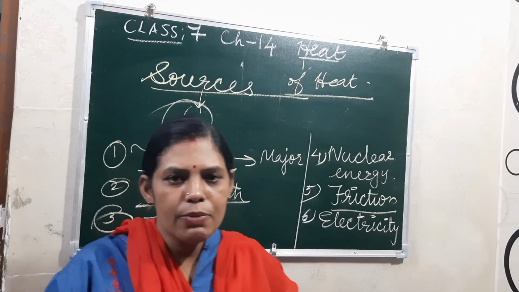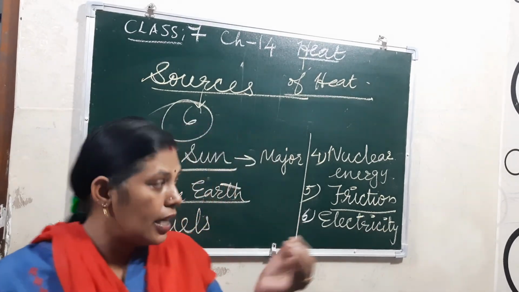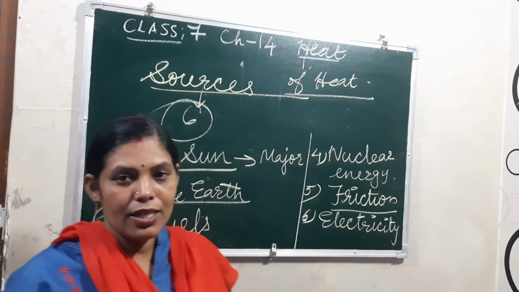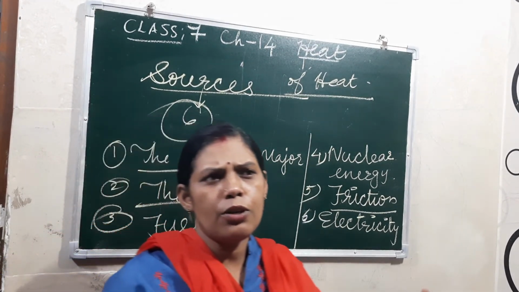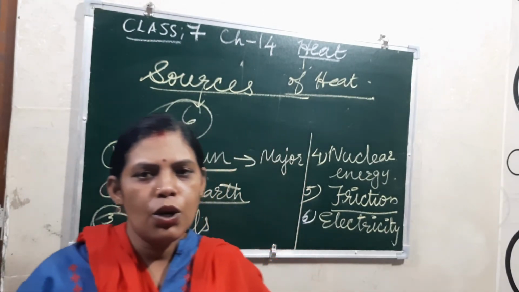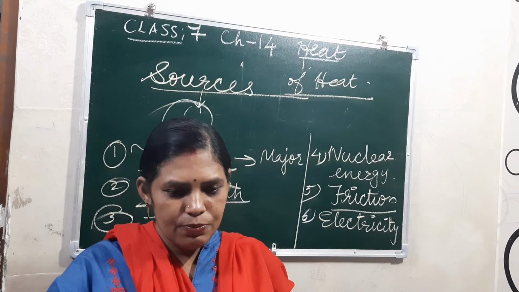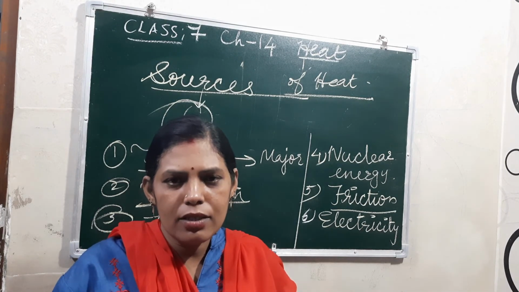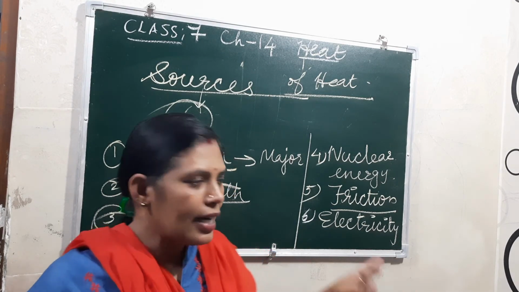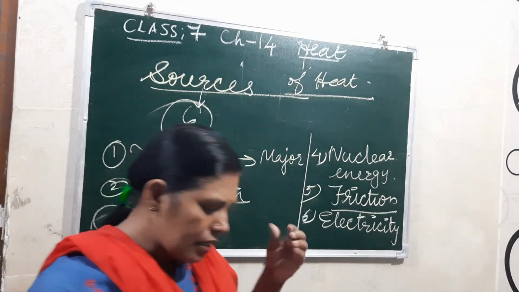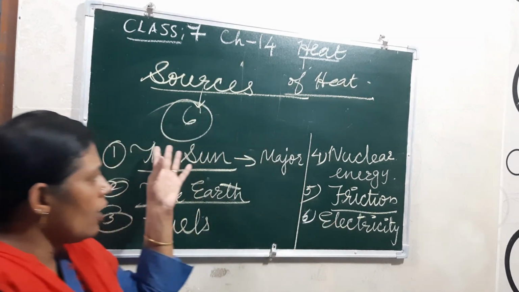That means when electricity runs, it produces heat. Also during the winter season we use electricity in room heaters to give warmth to the room. So understood, these are the main sources of heat.